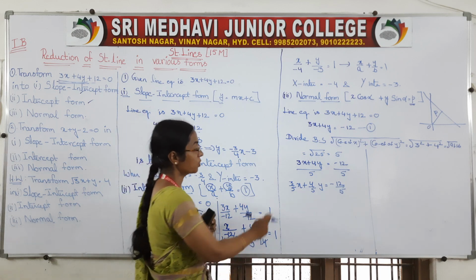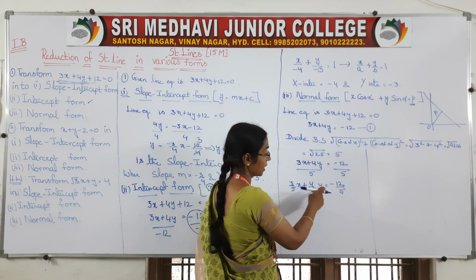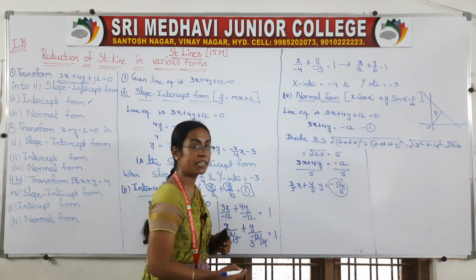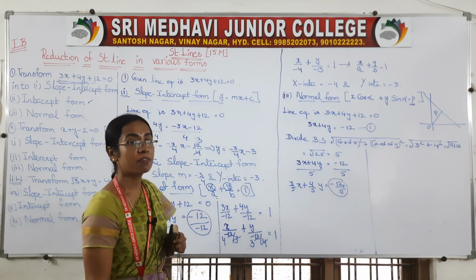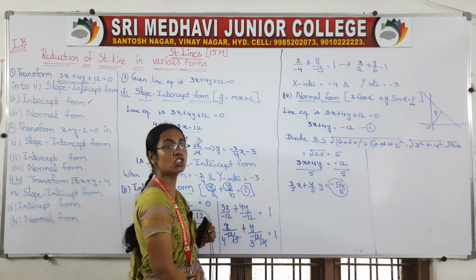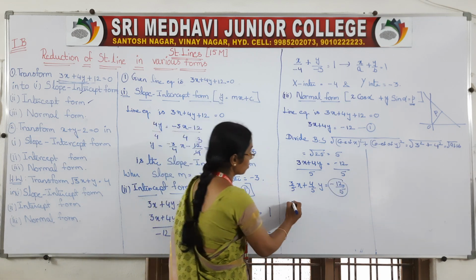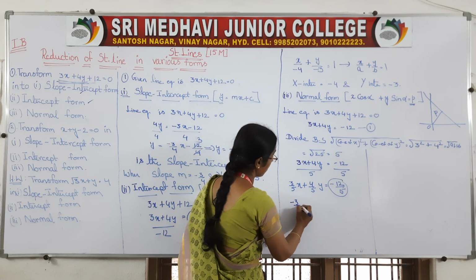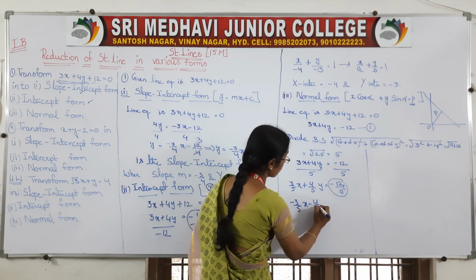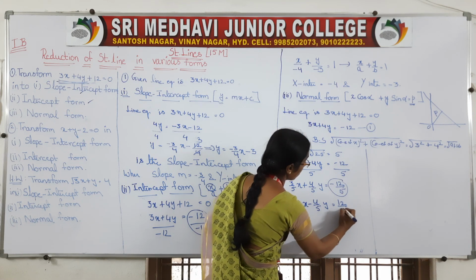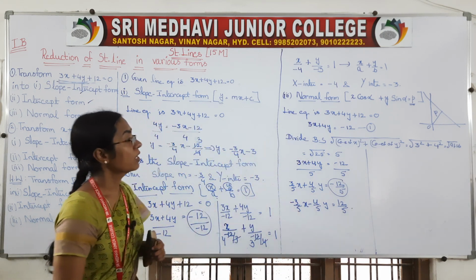If you observe, x into some constant, y into some constant, but this value is negative. That's why multiply with a minus throughout the problem. So this is minus 3 by 5 x minus 4 by 5 y is equal to 12 by 5.